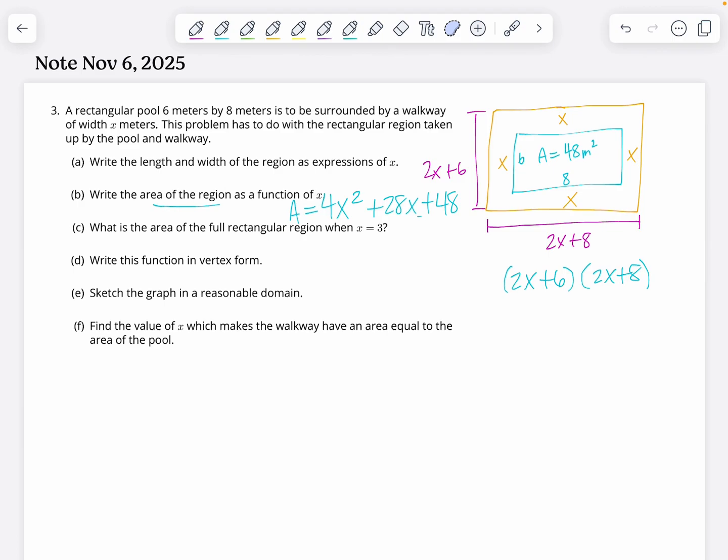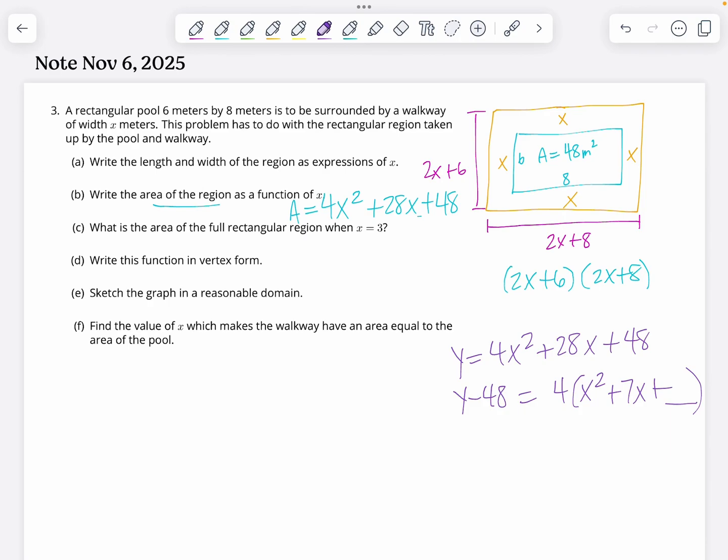Part D, write this function in vertex form. So we're going to start with y equals 4x squared plus 28x plus 48. And if you recall, for vertex form, first thing we want to do is move that constant to the left. And I'm going to go ahead and factor out my a value on the right.